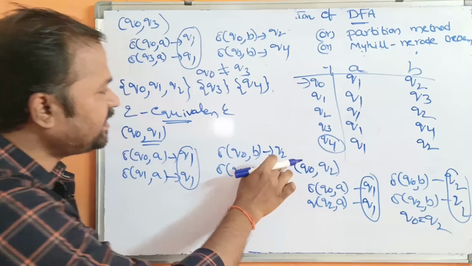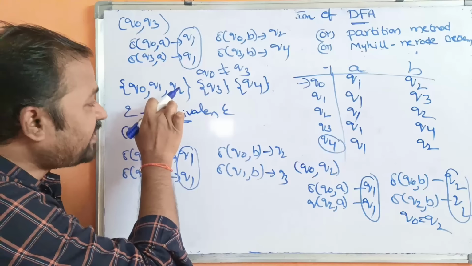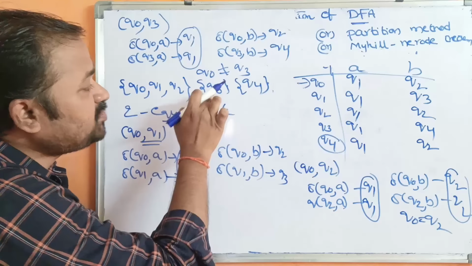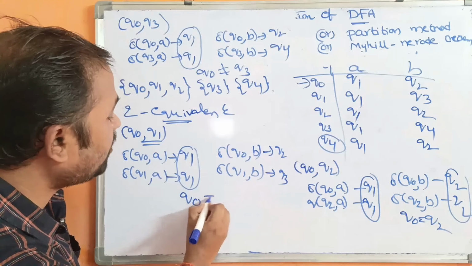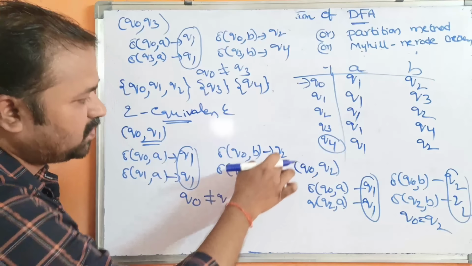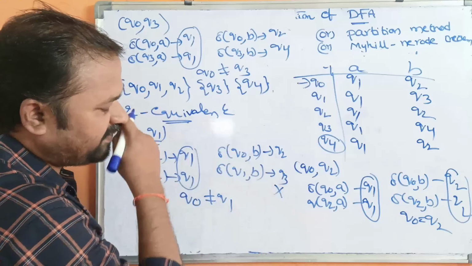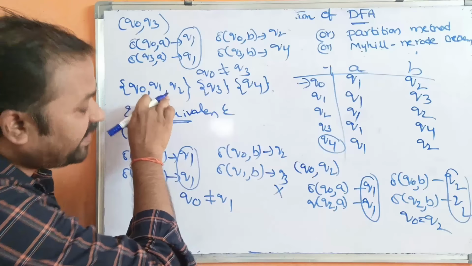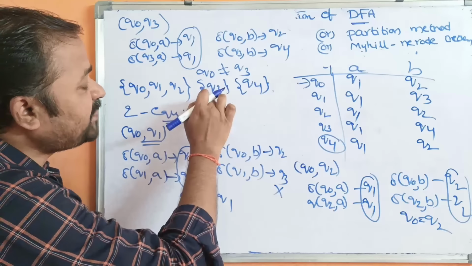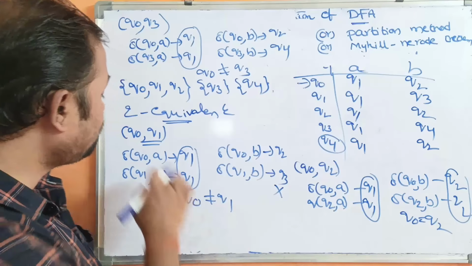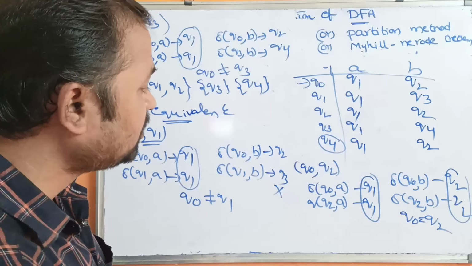But if we observe here, Q2 is present in one set, whereas Q3 is present in another set. So we can say that Q0 is not equal to Q1. Why? Because Q2 is present in one set, whereas Q3 is present in another set. So we can conclude that Q0 is not equal to Q1.